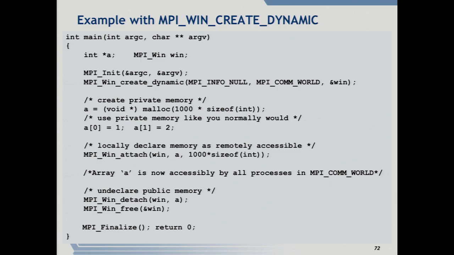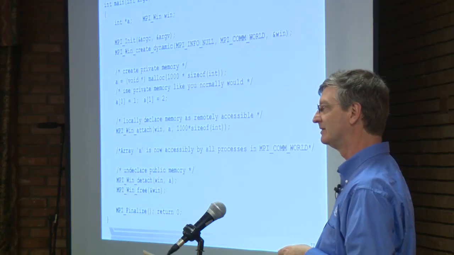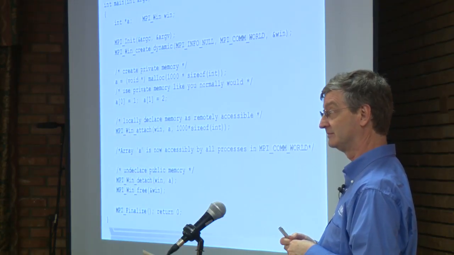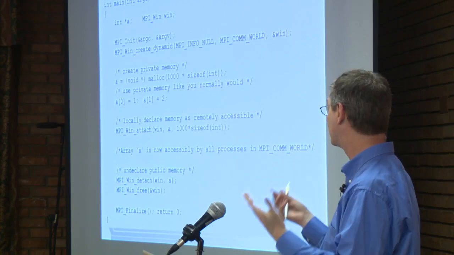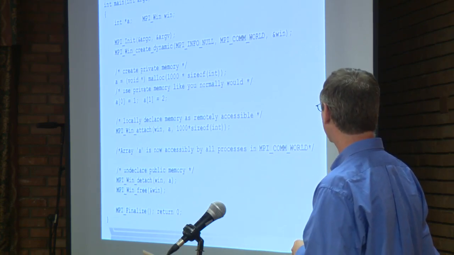The way this program is written, everybody in COMM_WORLD is doing this. But in fact, I could have had, if rank equals 12, do this. Each of those is independent. It doesn't have to be the same number, or the same sizes or anything.